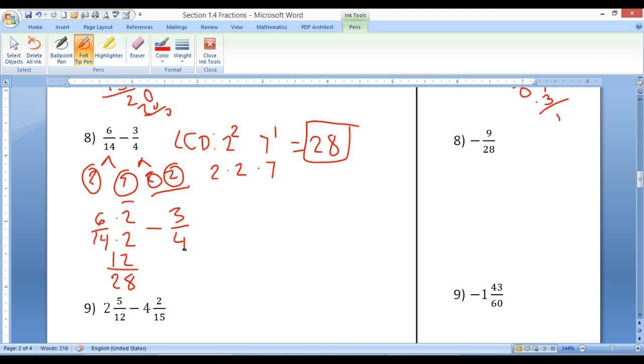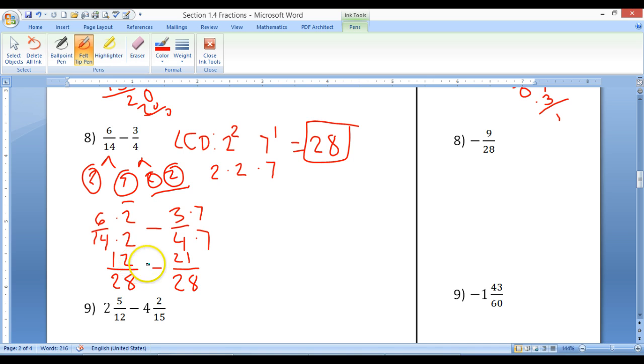This is missing a 7, so I need to multiply the 4 by 7. So I need to multiply the top and bottom by 7, and I get minus 21 over 28. Okay, now I'm ready to subtract.